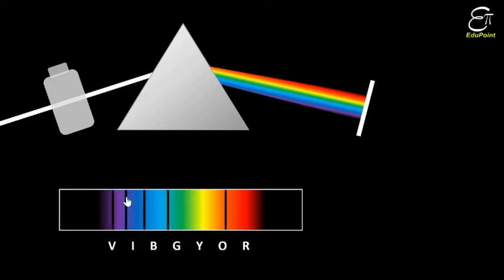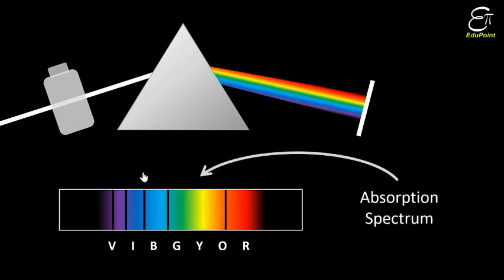The gas absorbs some colors, so due to the absorption we have dark lines. In the VIBGYOR, certain dark lines represent colors absorbed by the cold gas. Those spaces are the dark spaces.